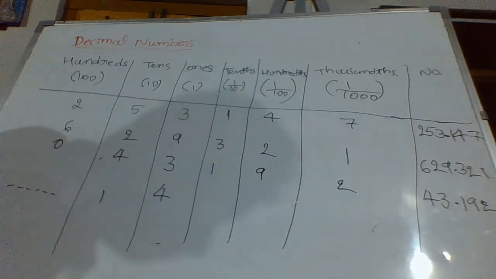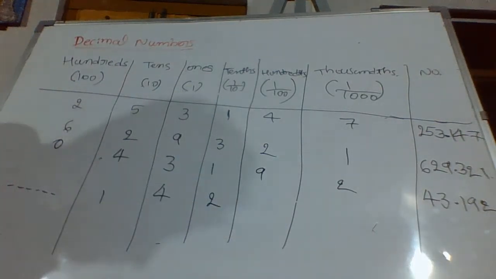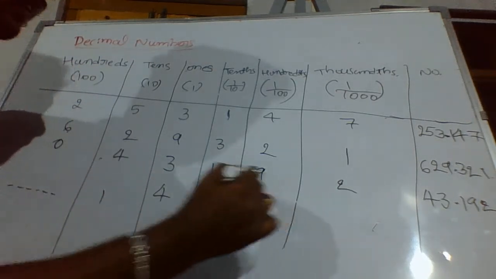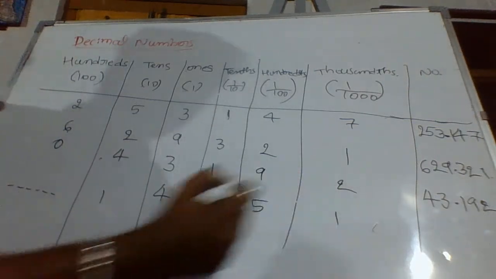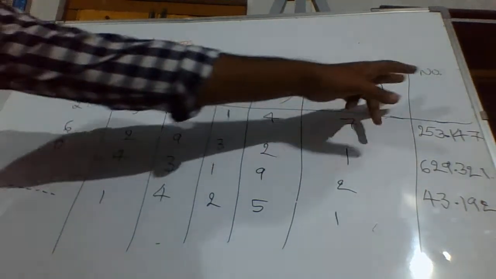Next at the tenths position they have given 2, at the hundredths position what have they given? 5. Here I will write 5. And next at the thousandths position what have they given? 1. So here we should write this hundreds number, and they are given the final answer number.